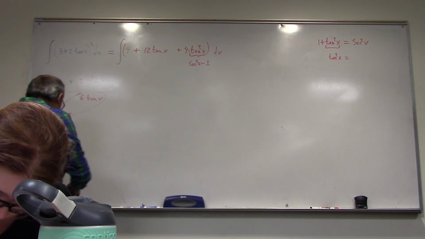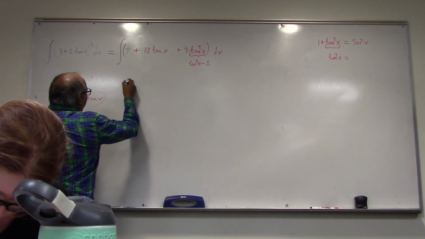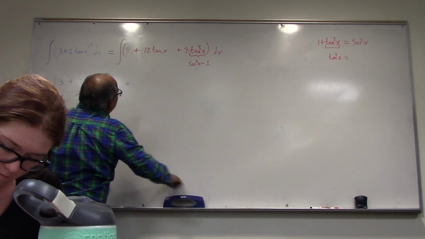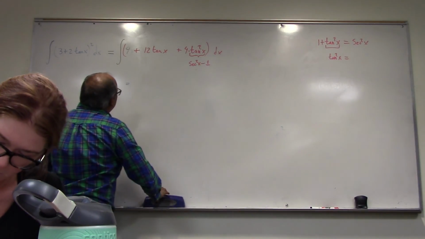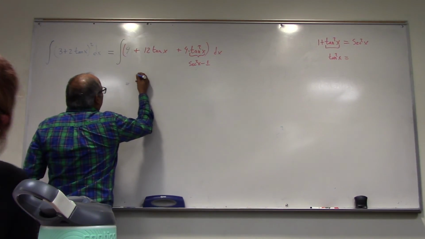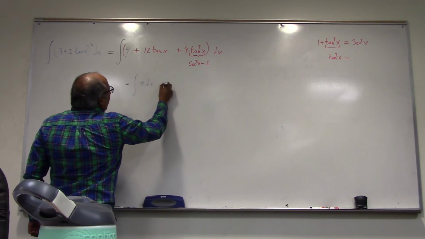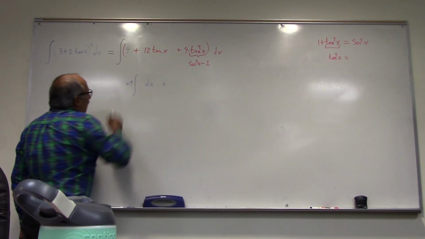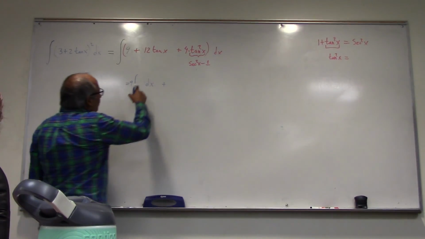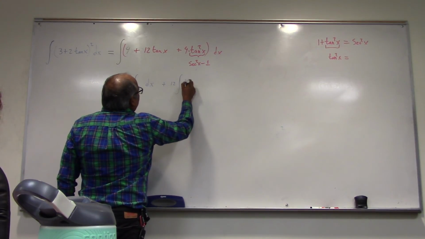Yeah. So when you split the integral, you get like 1, 2, 3, 4 integrals, right? You're going to have the integral of 9, plus, actually the 9 goes outside. Do you agree? Yes, I put them on the side. Plus 12 goes outside, 12 integral of tangent of x.